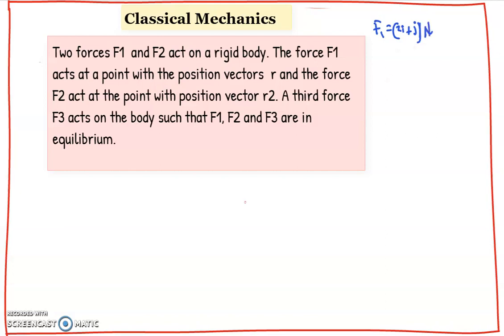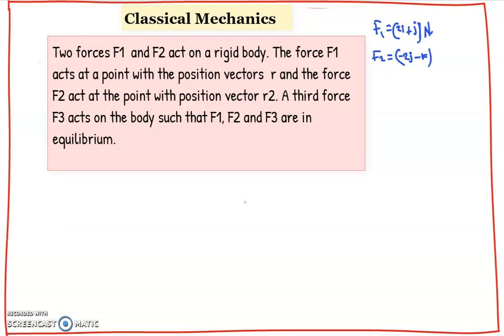This is F1. And then we have F2. F2 is given as negative 2j minus k. This is F2. And these two forces act on a rigid body as indicated.